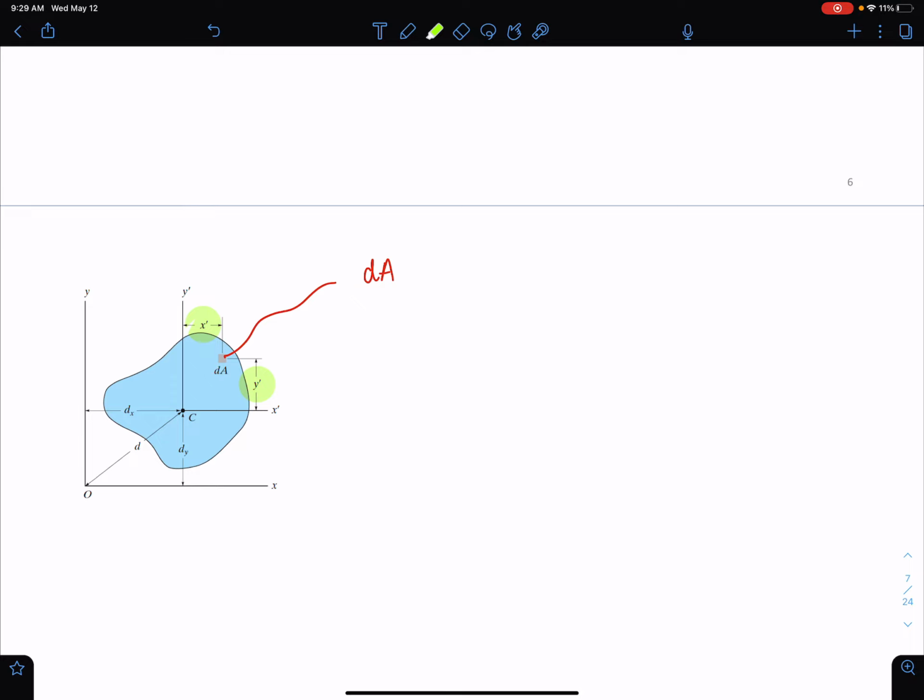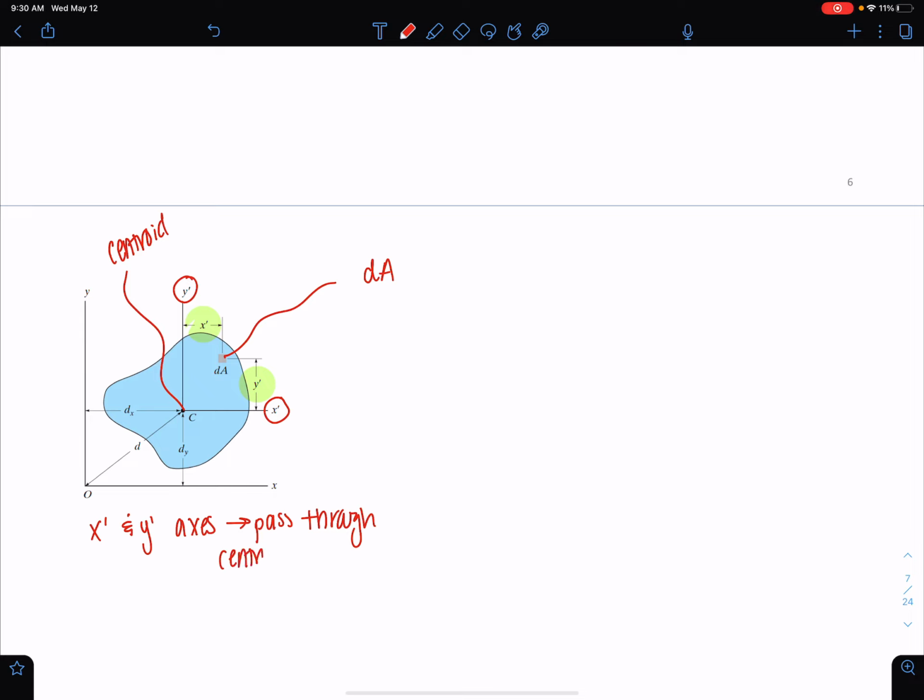This is our centroidal axis, so this is the centroid of the element. That's why we have the x prime and y prime axes pass through the centroid. And we know how to calculate the centroid now from our previous topic in this class.